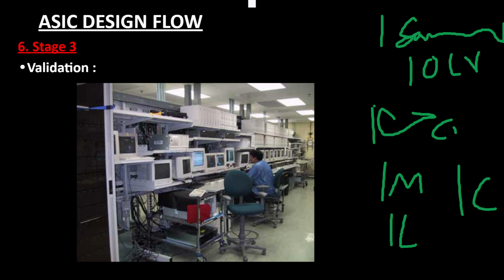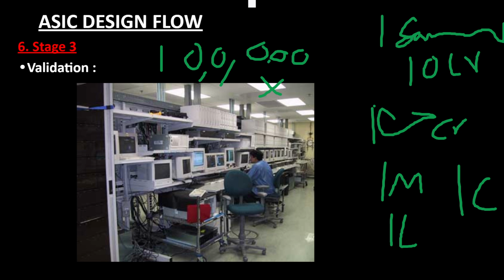If they are going to make that 1 lakh ICs after the success of that sample IC, and you multiply this, not 1 lakh, in the sense there will be 10 million.